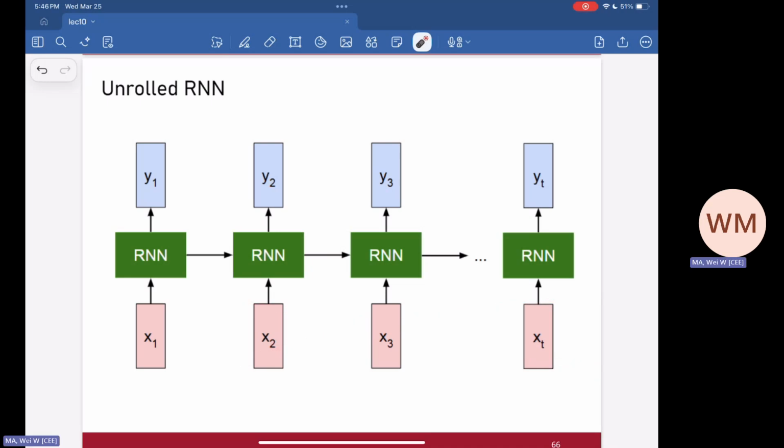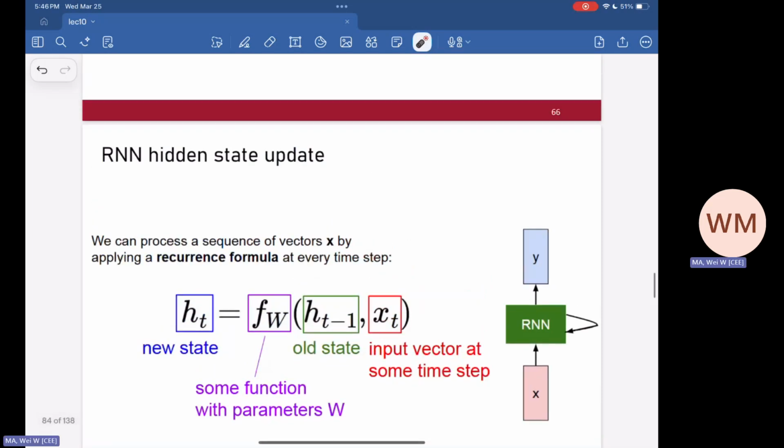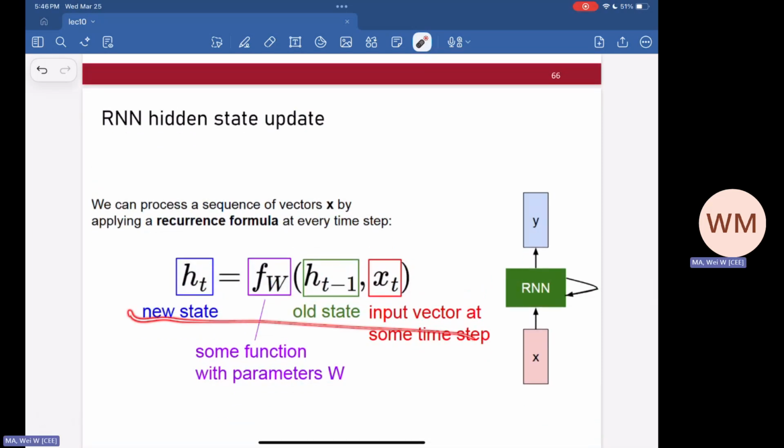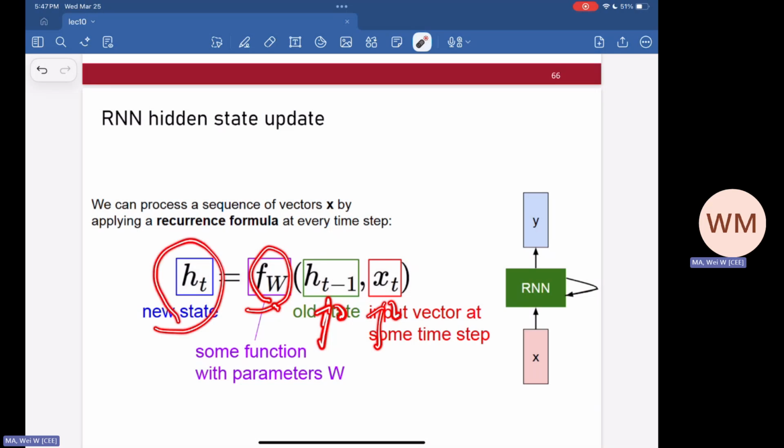The key item for the RNN is that you have some internal transition of the hidden layer. Your hidden layer is updating itself. This is a key function that is different from other neural networks: you have the old state, and then you have the new input, and you have a function f_W that can update your new state h.